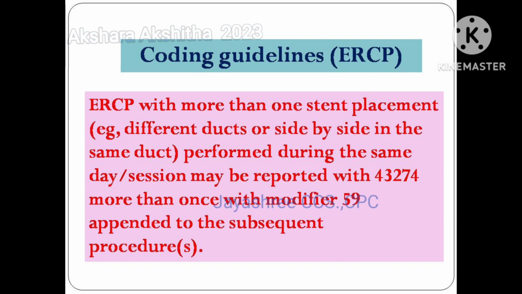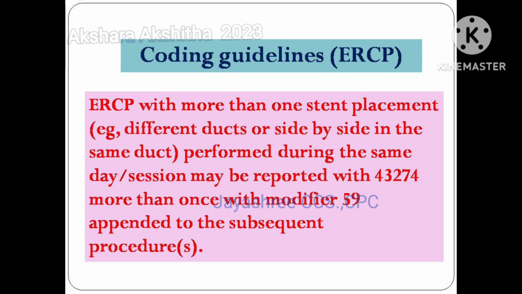Next point is ERCP with more than one stent placed in a different duct, or the same duct but a different side, means we can code stent two times with the 59 modifier. So if stent placement is in more than one duct, we can code two times with the 59 modifier. Another type is same duct but different side, that is left or right side, then also we can code stent placement two times with the 59 modifier.